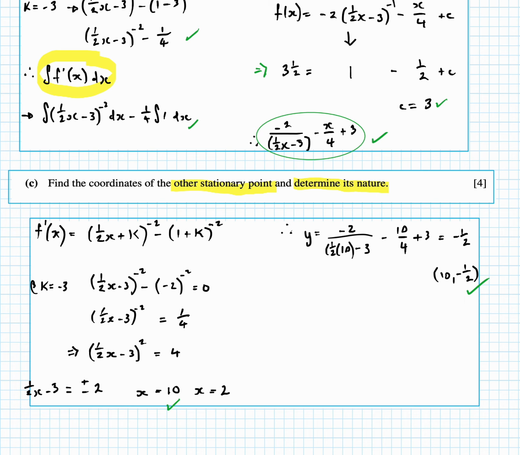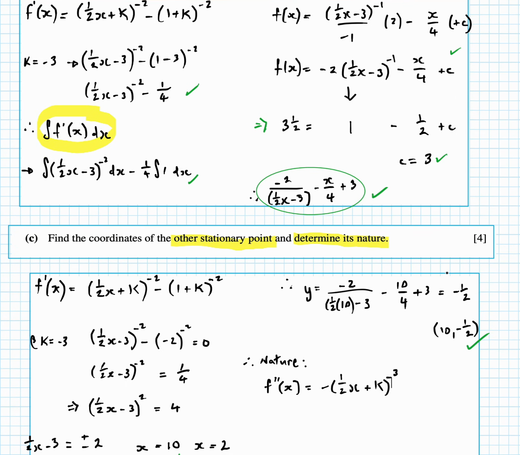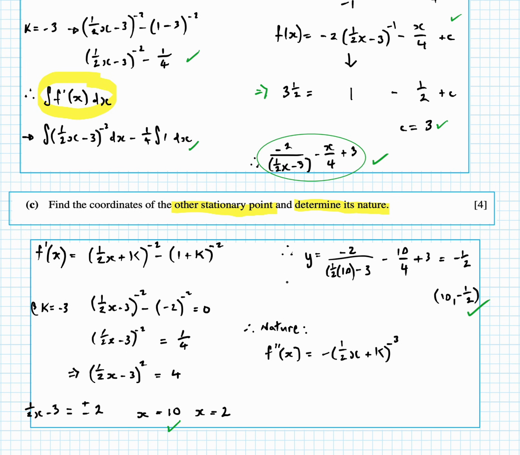Excellent. And now for determining the nature, we always look at the second derivative. So we were given that as well in part A. So f double prime of x, whatever way we want to put the notation. And k was, of course, -3. You can put that in as well. So -1/2, 10 times 10, -3, all to the -3, the exponent.